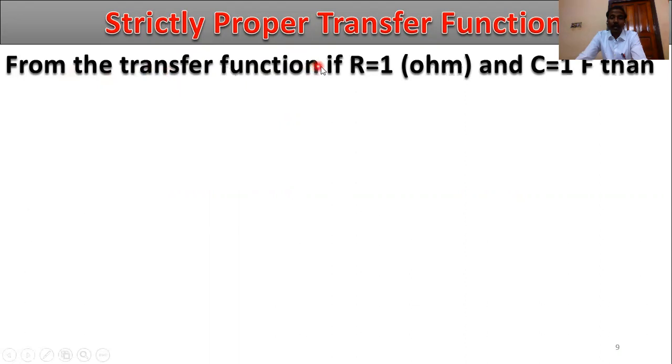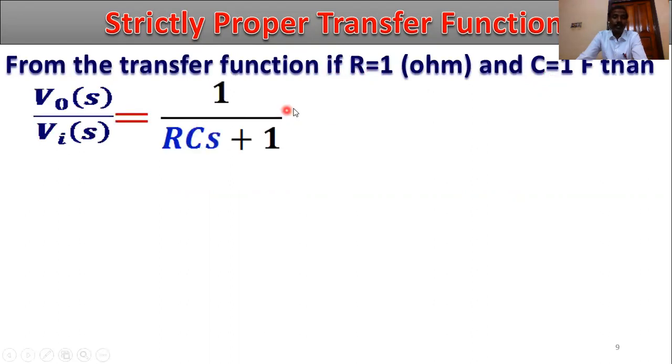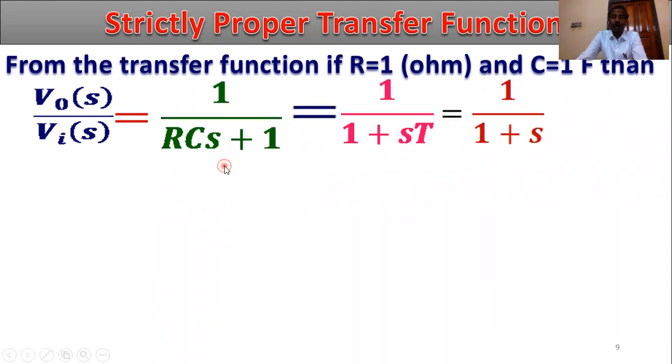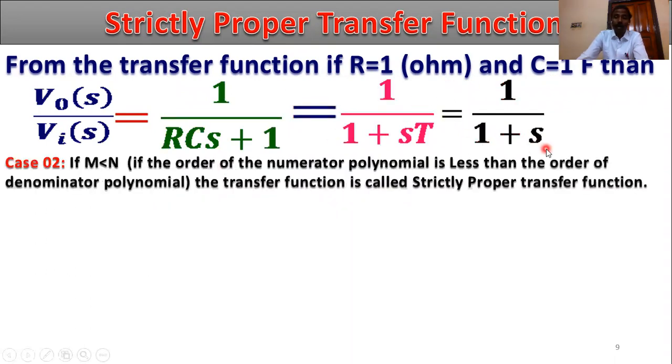From the transfer function, if R equals 1 and C equals 1, then V_0(s) by V_i(s) equals 1 by RCs plus 1, equivalent to 1 by 1 plus sT, or 1 by 1 plus s, because R equals 1 ohm and C equals 1 farad.